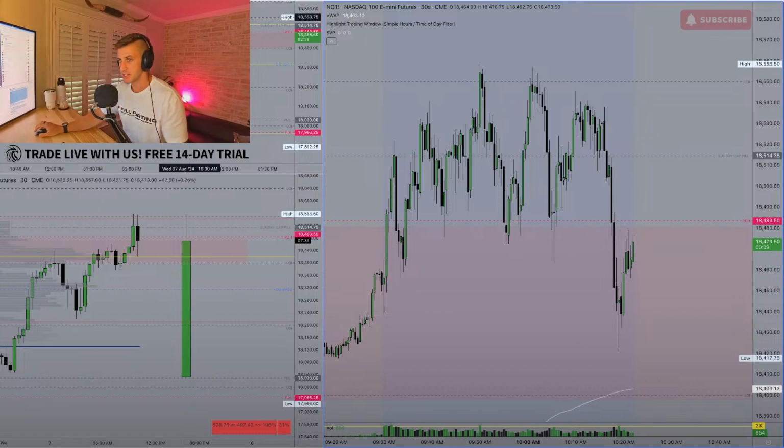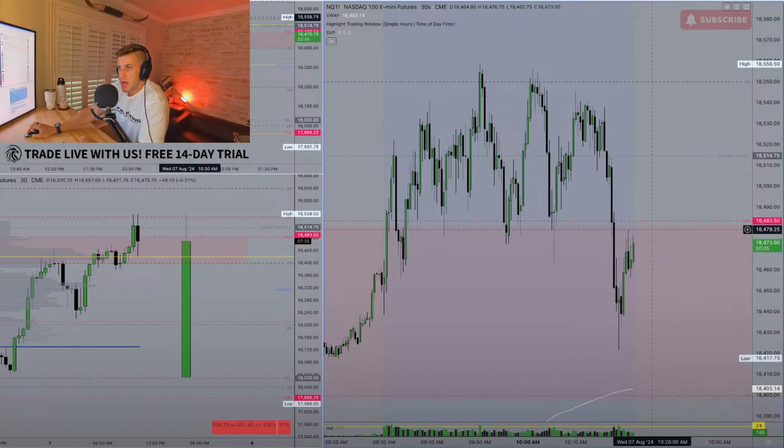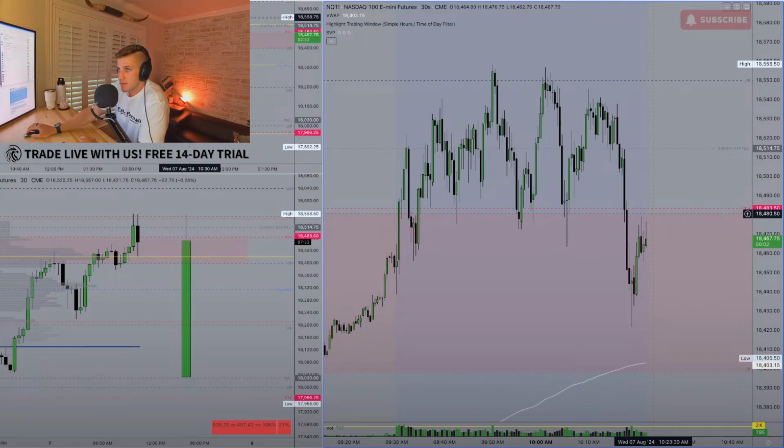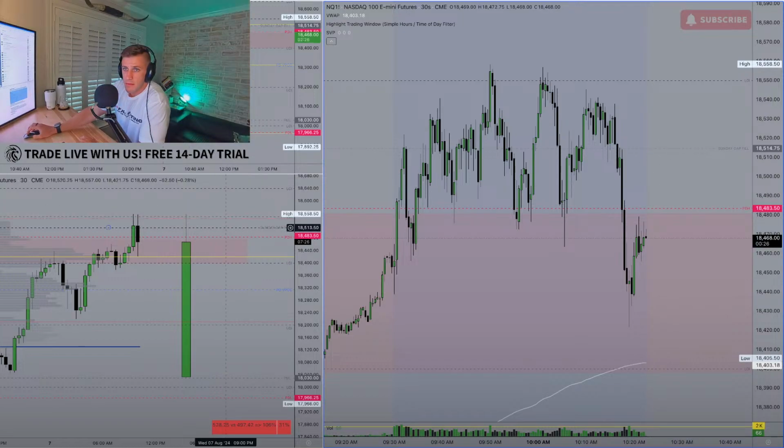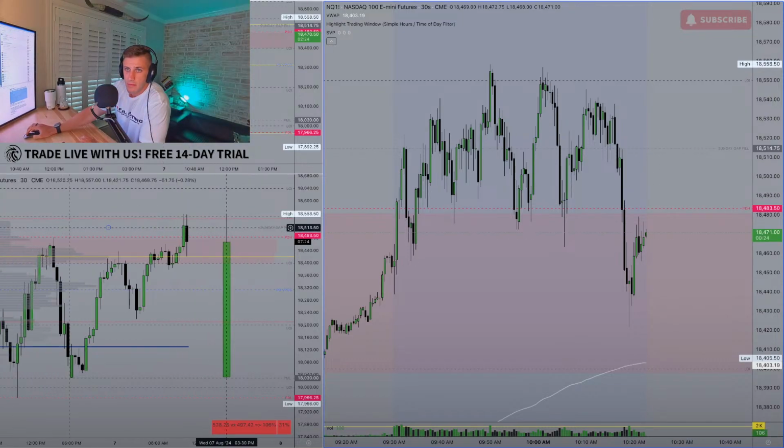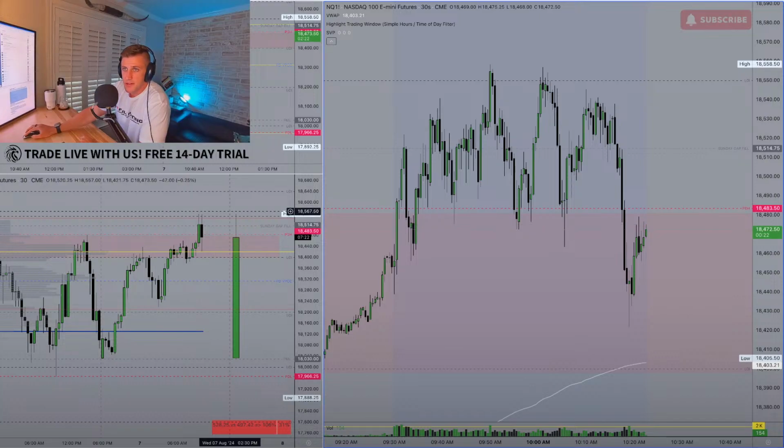So you have the low day spring scalp on NQ, now testing prior day high. No trade for me there, just watching this structure.